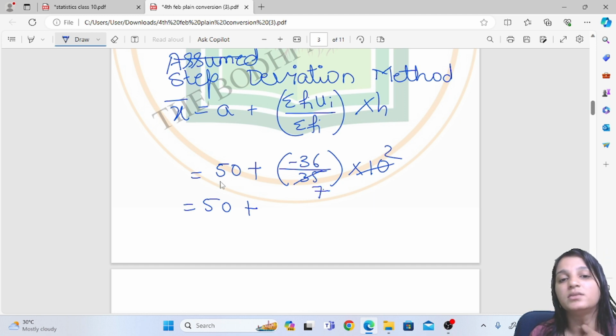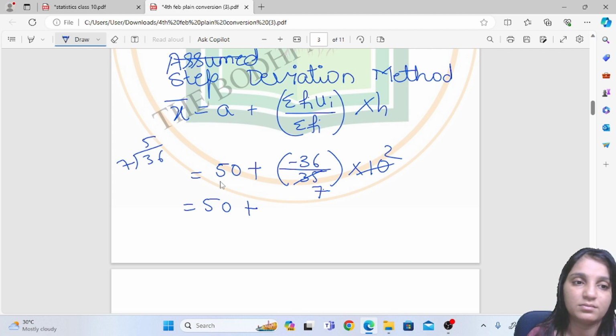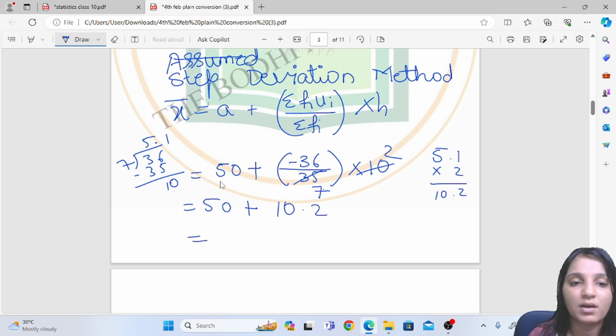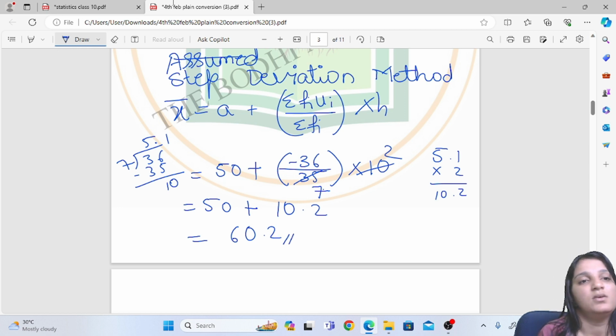Then this you can cancel. So 5.1 into 2, 10.2, and that will be your 60.2 something. So this is your mean by the step deviation method.